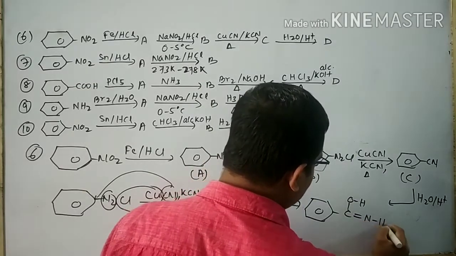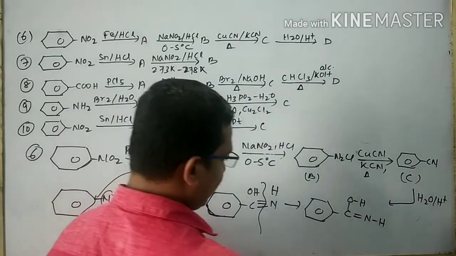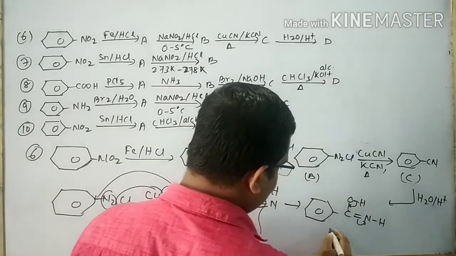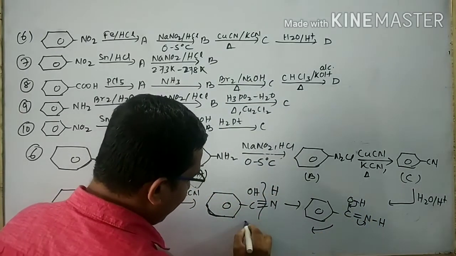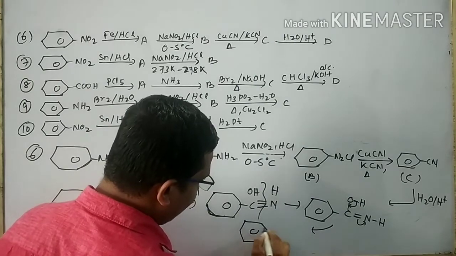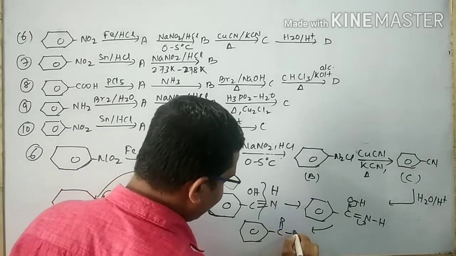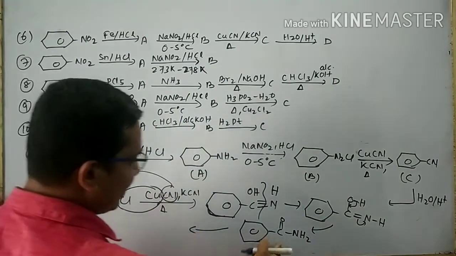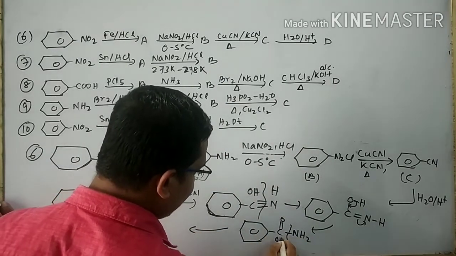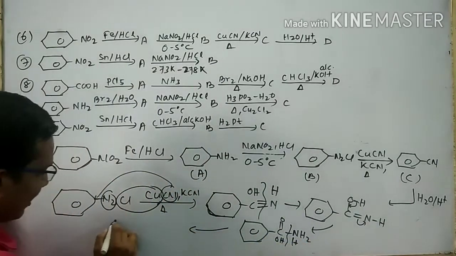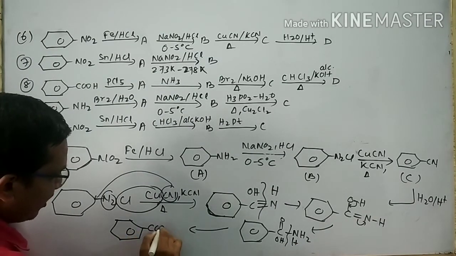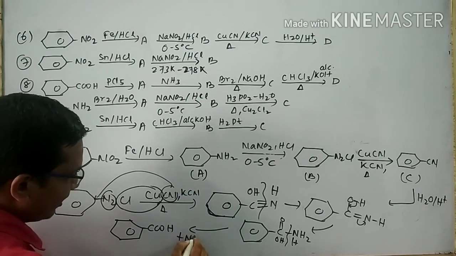So it wants to stabilize like this. That is benzamide product is formed. Again on acid hydrolysis, the benzamide is converted into carboxylic acid. That means benzoic acid is formed, and the byproduct is NH3.